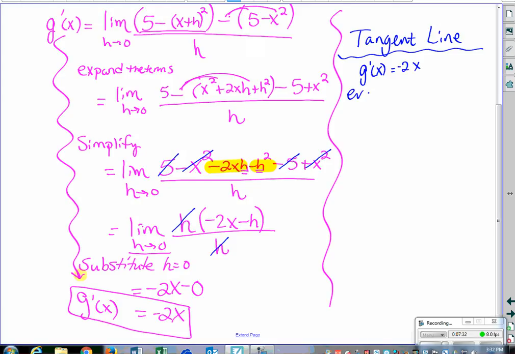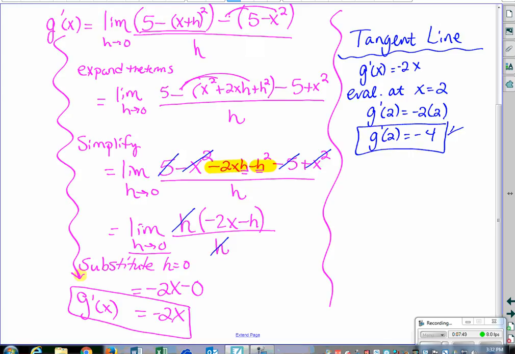I want to evaluate at the point x equals 2, and that gives me g prime of 2 equals negative 2 times 2. G prime of 2 is equal to negative 4. That is our slope when x is equal to 2, the tangent line touching our original curve.